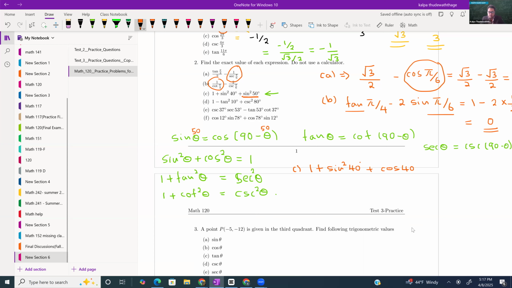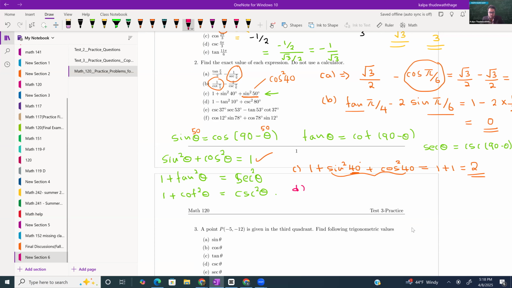Can you see that I can go back to the 40 again? Because 50 and 40, if you add, you will get 90. Actually, 40 and 50 we call complementary angles. So you can write sine 50 as cosine 40. If you have square, you can square. So this is equal to 1 using my first identity. So 1 plus 1 is equal to 2. So that's how you solve part C.